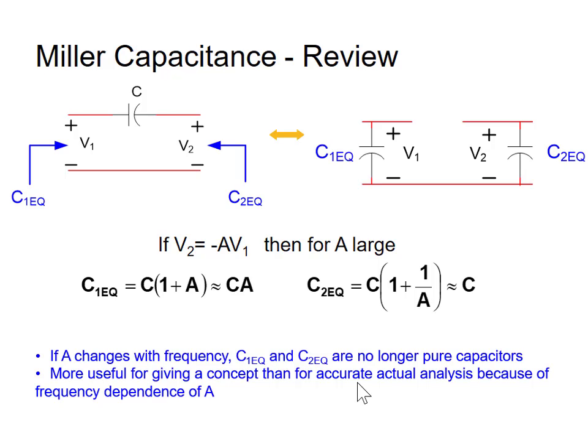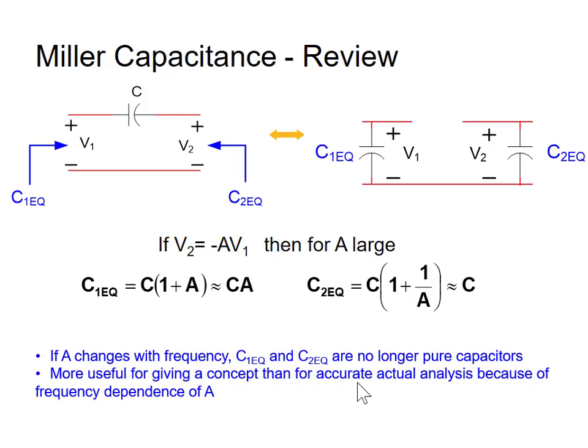So what I've just described is the concept that most people have for doing Miller compensation. But they will often find that the fact that the gain decreases with frequency starts to limit the effectiveness of this approach. It doesn't anywhere near kill it. It just starts to limit it.